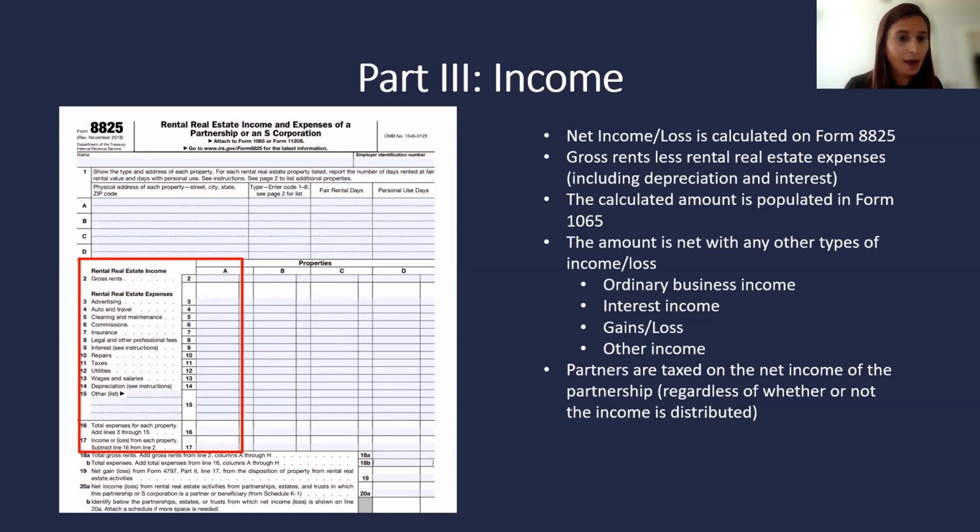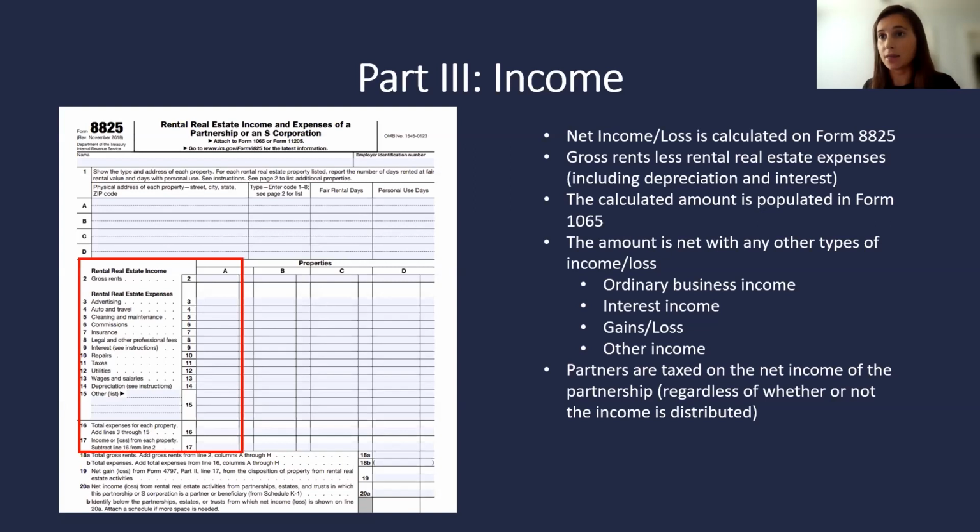So how are we calculating that income? We are using Form 8825. It's attached to the Form 1065 to calculate that rental real estate income and the expenses to generate the income. So that's taking your gross rents and it's backing out all of the rental real estate expenses. And just want to highlight here that includes depreciation.